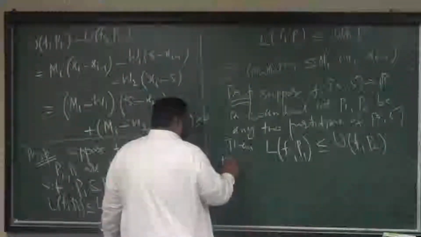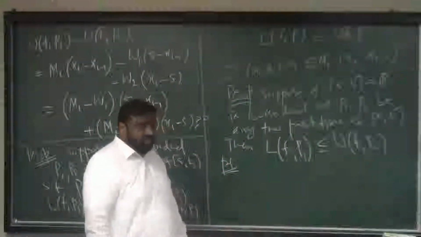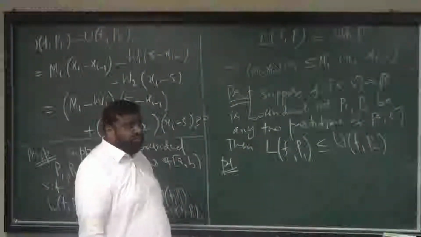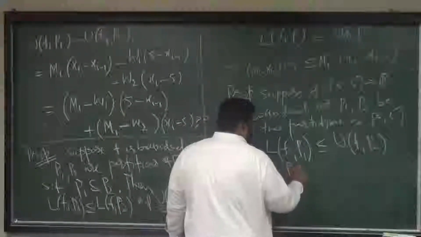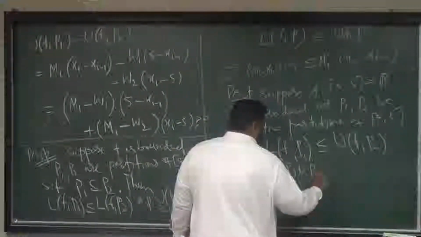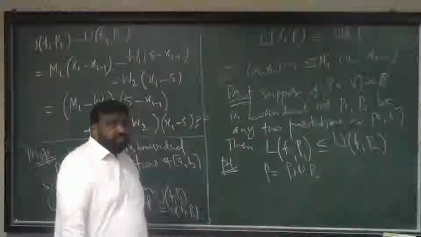And the proof is pretty simple. Just a one-liner proof. Consider partition P, which is a refinement of P1.